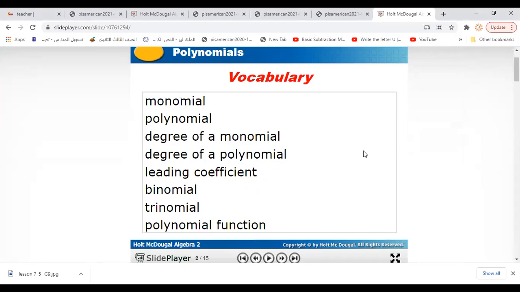If I want a like term for 3x, it will be what? 7x. Give me an example of the like term. 7x. 9x. Okay, 9x and what?